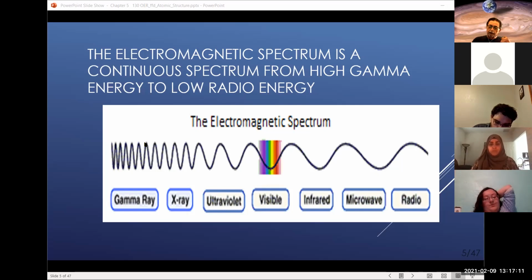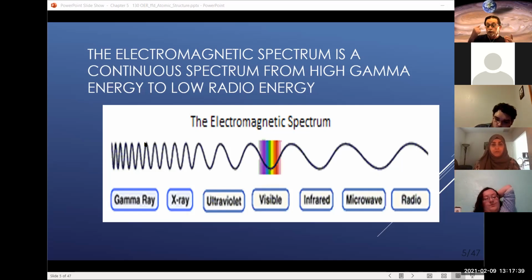This graph here is kind of misleading because that color there, the rainbow, is really tiny. Of the whole electromagnetic radiation spectrum, we can only see a small amount because our eyes can pick that up. That's all the electromagnetic radiation that we can pick up.